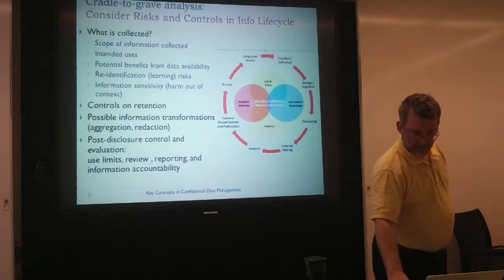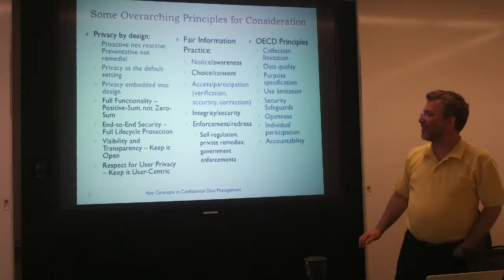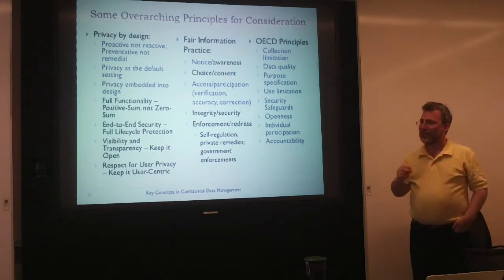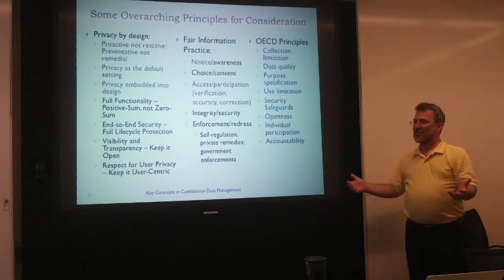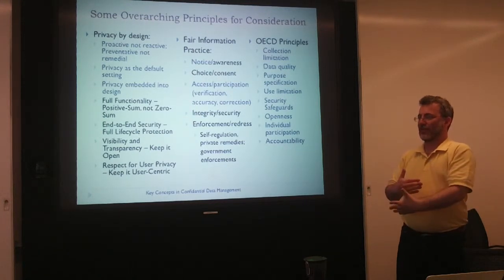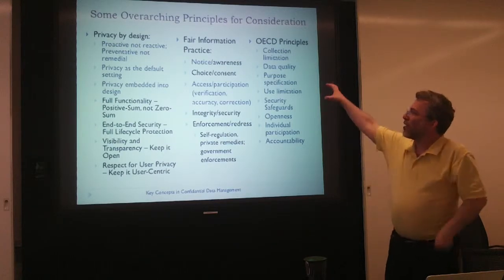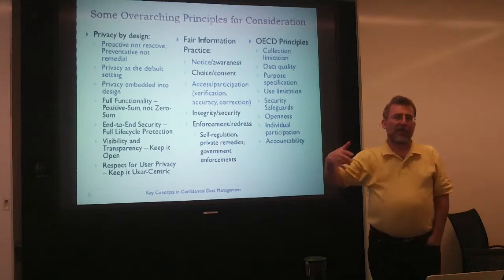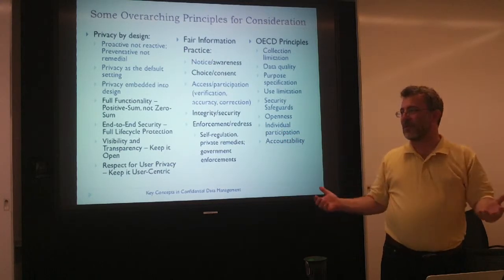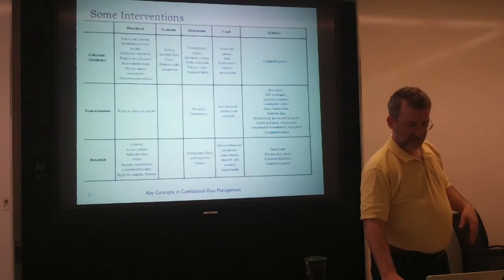But these interplay. There are some neat overarching principles, and they're pretty good, and there are quite a few of them, and they're very recognizable, but they don't really help very much in constructing solutions. So you should think about the solutions you're constructing and whether they meet some of the high-level principles that a lot of the field and policymakers have connected with, but you can't rely on these to construct the solutions.